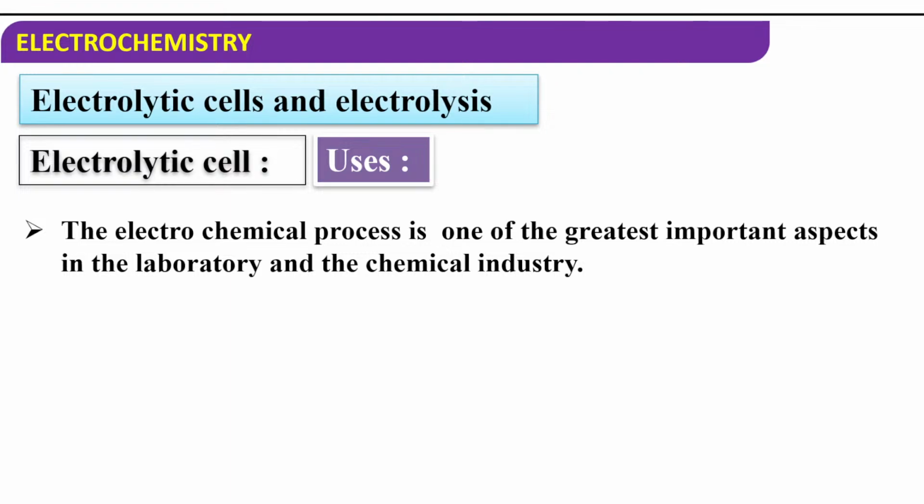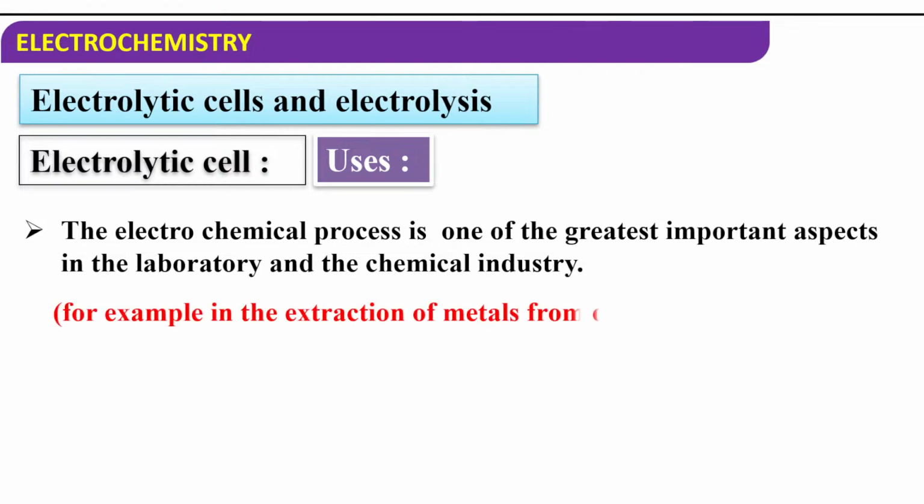It is used in the extraction of metals, in the purification of metals, in the preparation of sodium hydroxide, and in the production of hydrogen and oxygen from the electrolysis of water. There are so many processes. One example is the extraction of metals from ore, which uses an electrolytic cell.